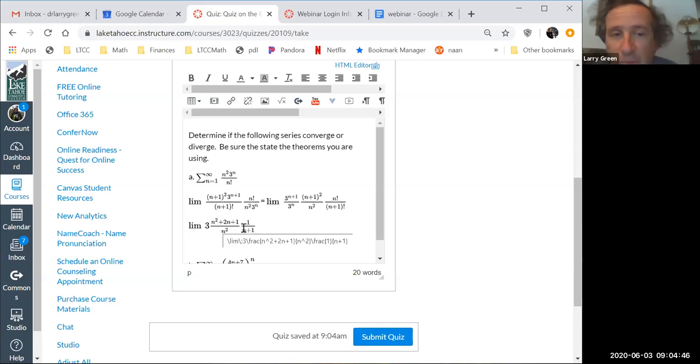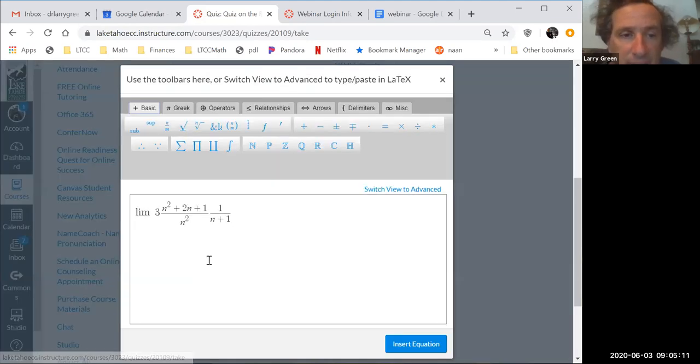Now they're polynomials. So notice that with these polynomials, the denominator is a cubic and the numerator is a quadratic. So now what I can do is I can divide by n cubed. So let's do that. The 3 doesn't matter, it's just going to hang out.